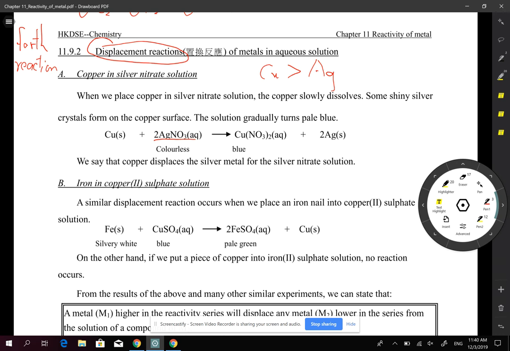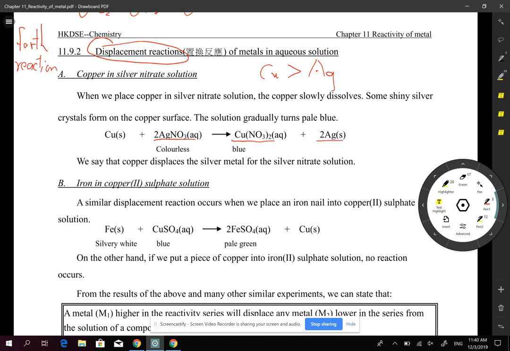the Cu will replace the silver ion position and become copper nitrate. And the silver is being displaced back into the element.